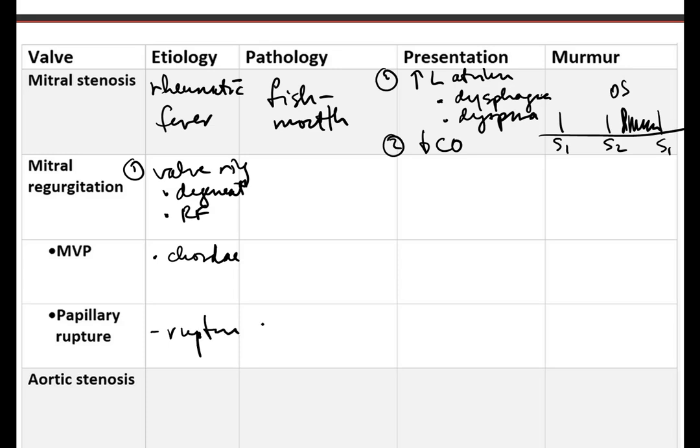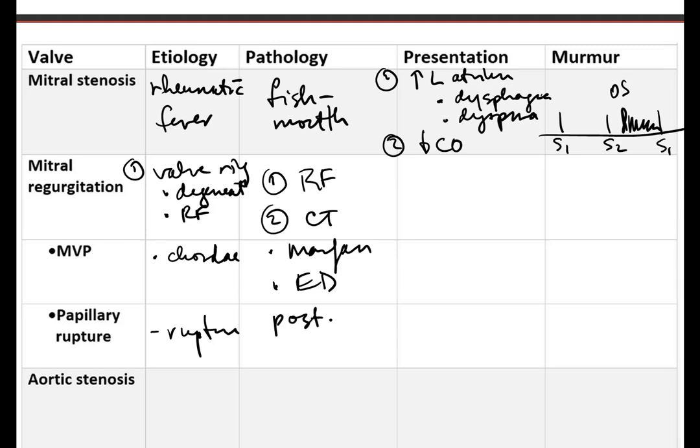And when we come to the etiology of this, the key things that we want to identify in mitral regurgitation is that we can see the usual rheumatic fever is present, but this is also where we get the connective tissue diseases of Marfan syndrome, of the elastic fiber, and Ehlers-Danlos of the collagen.